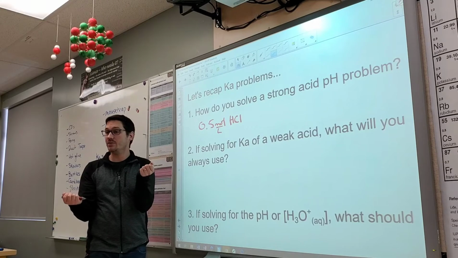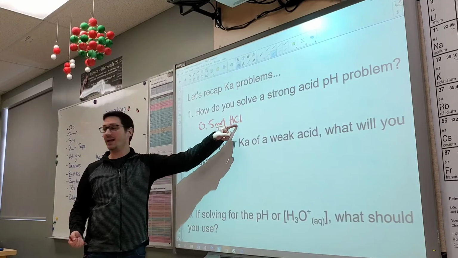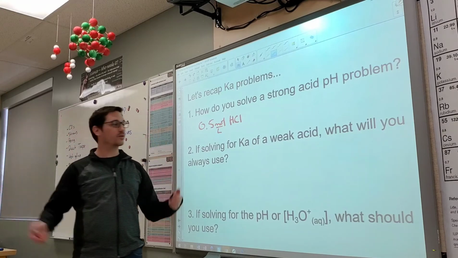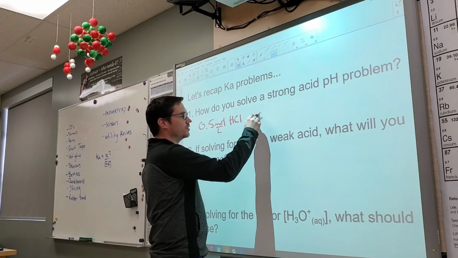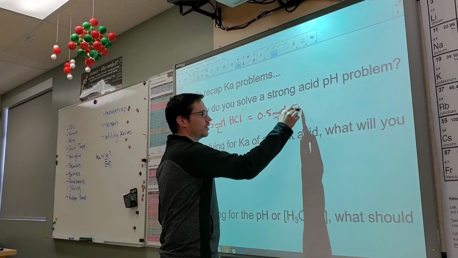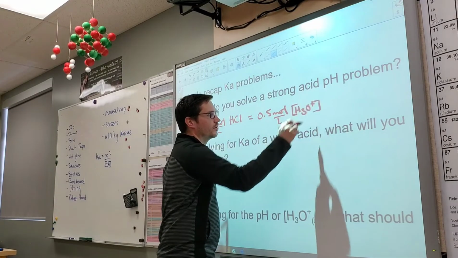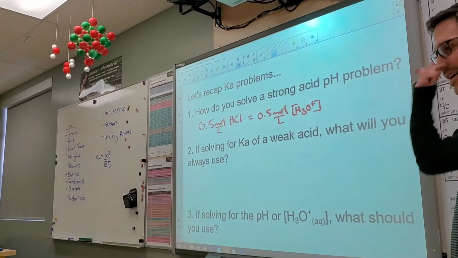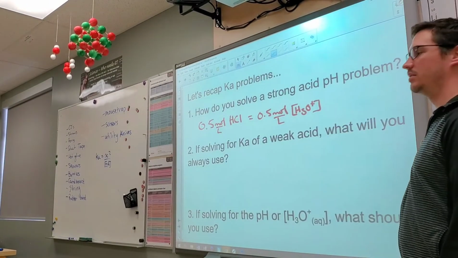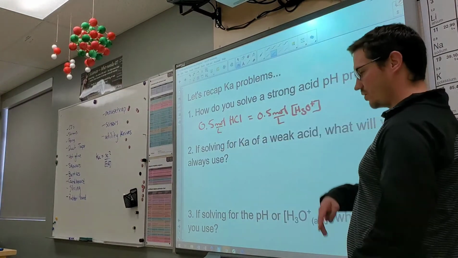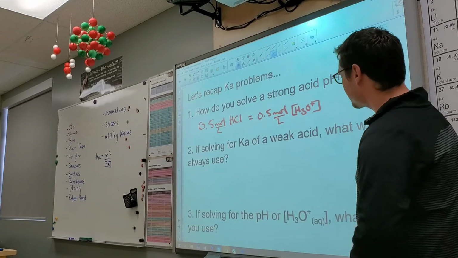They're the exact same thing. Because does hydrochloric acid exist in water? No, it's just hydronium and chloride. So that equals 0.5 mole per liter of H3O. They're the same thing. And then you just negative log that, right? Strong acids are easy, man. That's the concentration of my strong acid. It turns into hydronium, and then take the negative log.